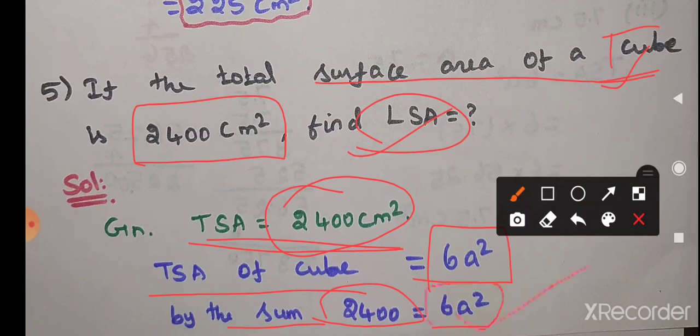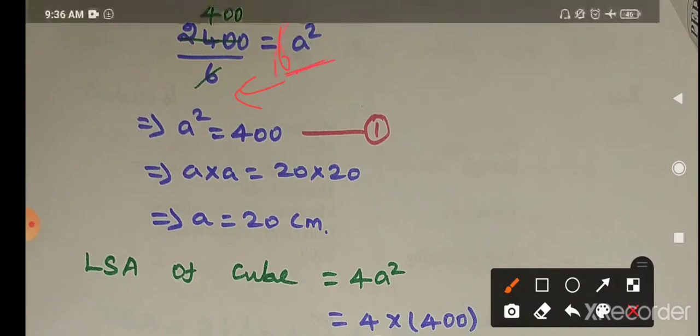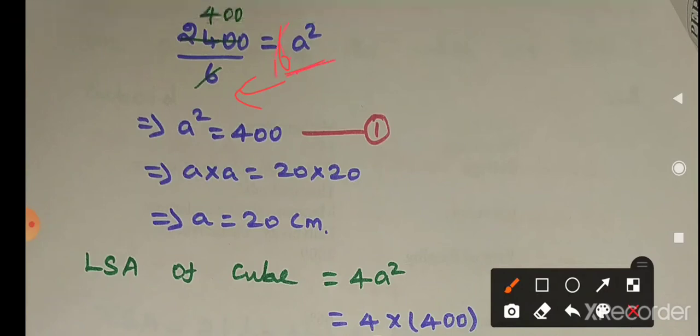Then this 6 is coming to the left hand side. Here it is multiplication, so the 6 is coming as division. So 2400 by 6: 1 6 is 6, 4 6s are 24, balance 0 is as it is.